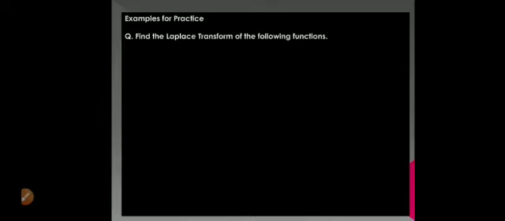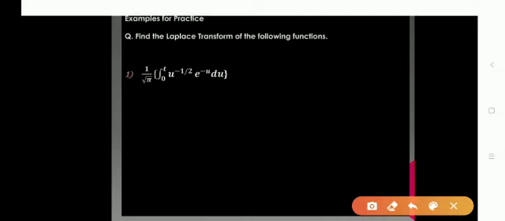The question is the same. The first example: 1 upon root pi, integration from 0 to t of u raised to minus 1 by 2 e raised to minus u du. So this is the additional part. Whatever result you get for this one, you just have to multiply it by 1 upon root pi, nothing else.